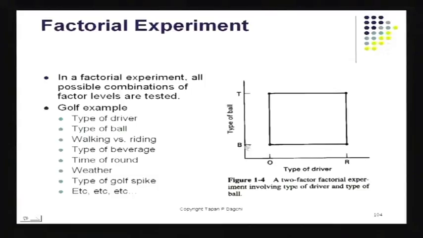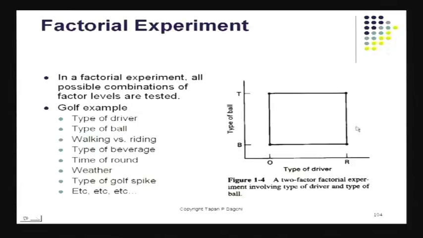If you look at the matrix here, these are these 2 by 2, and therefore these 4 possibilities. The first one is going to be type O driver and type B ball. And this one is the R type driver and again B type ball.